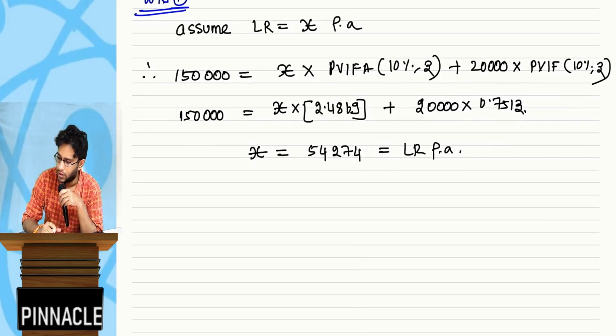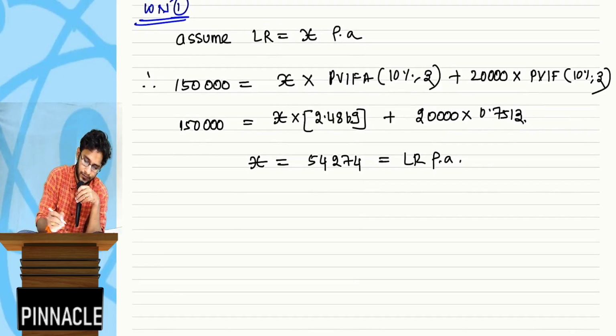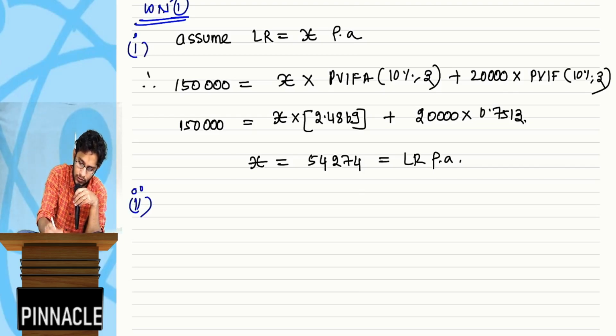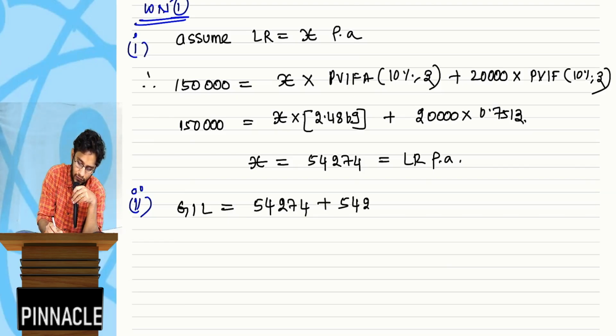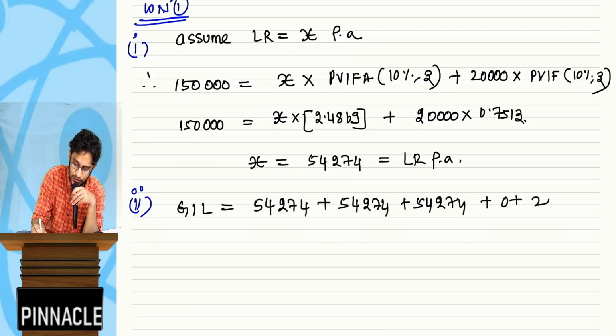Next, unearned finance income he wants. Okay. First, GIL you get me. GIL is equal to 54,274 plus 54,274 plus 54,274 plus 0 plus 20,000.